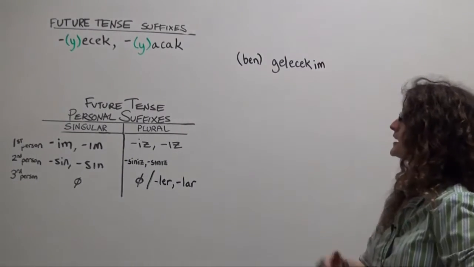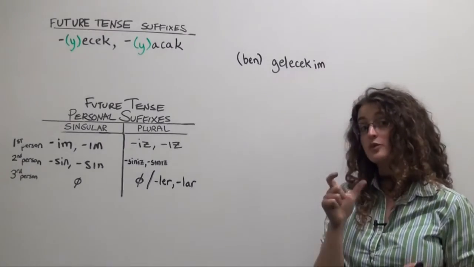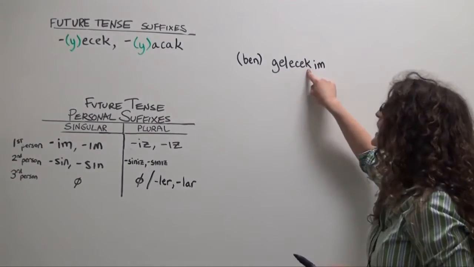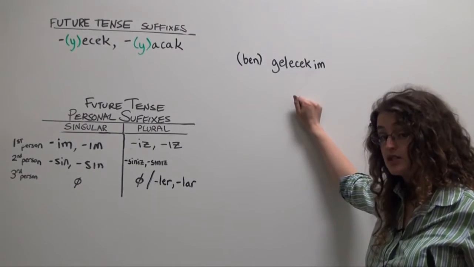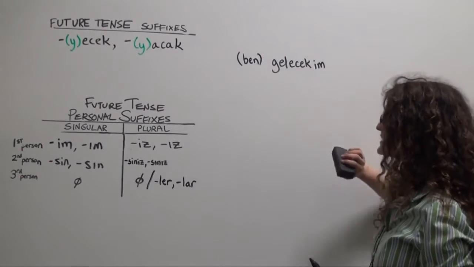But because this K is sandwiched between two vowels, you see how it is stuck between two vowels? It is going to undergo consonant alternation, which you can learn more about elsewhere. What does this mean?